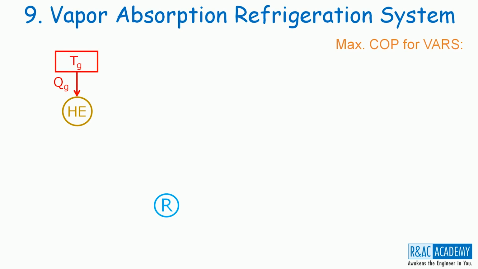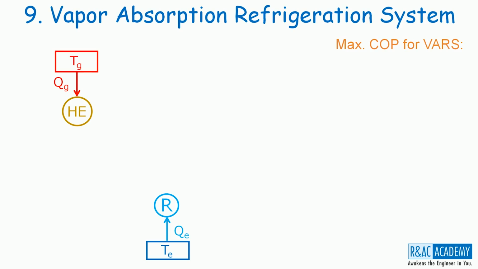Let the heat source be at temperature TG and let QG be the heat supplied by that heat source to the heat engine. And refrigeration system will be absorbing heat from the refrigerated space. Let QE be the heat absorbed by the refrigeration system to maintain the refrigerated space at temperature TE.